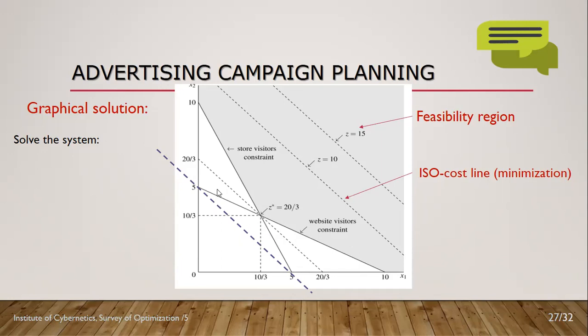So meaning that if we invest less than this point into the advertising campaign, we will not reach our objectives in terms of attracting new customers. So therefore, you cannot go below this budget right here that corresponds to the point of 20/3, evenly split, giving the values of 10 divided by 3 for every type of advertising.